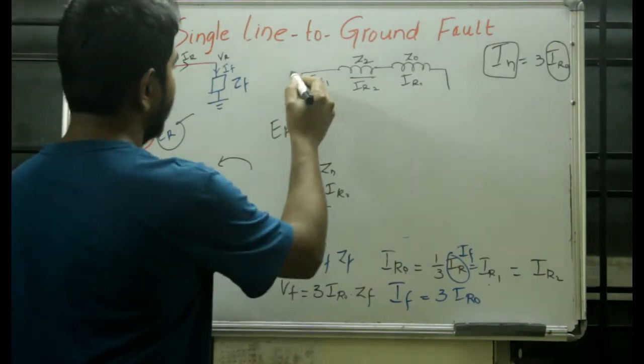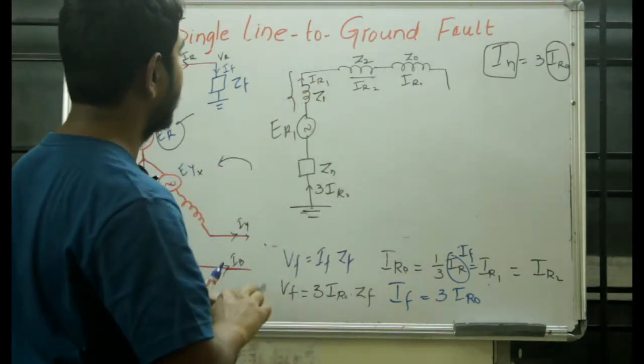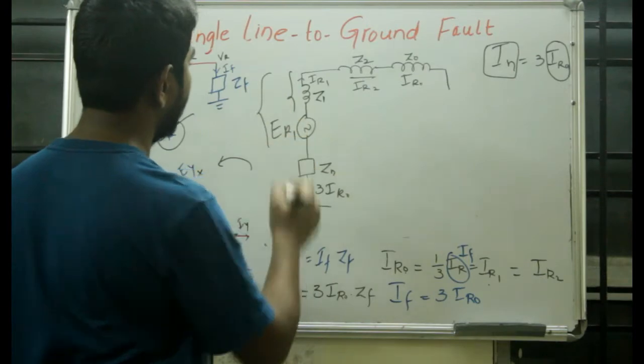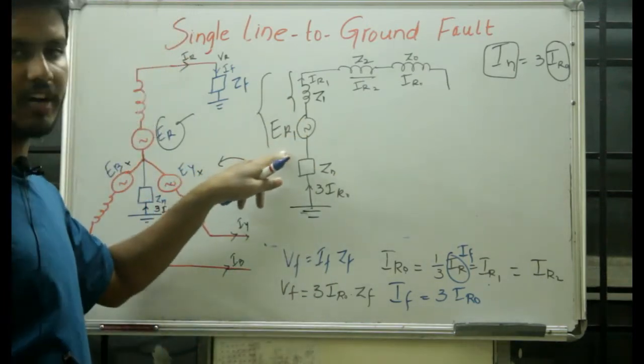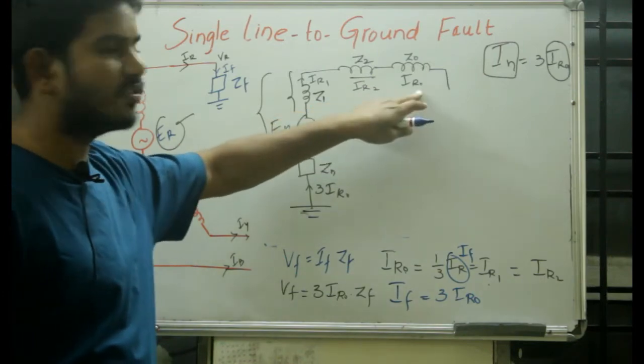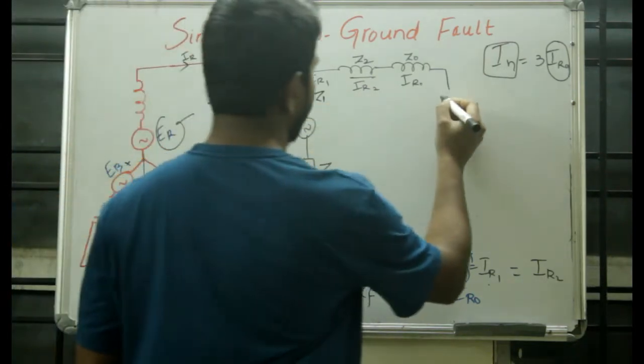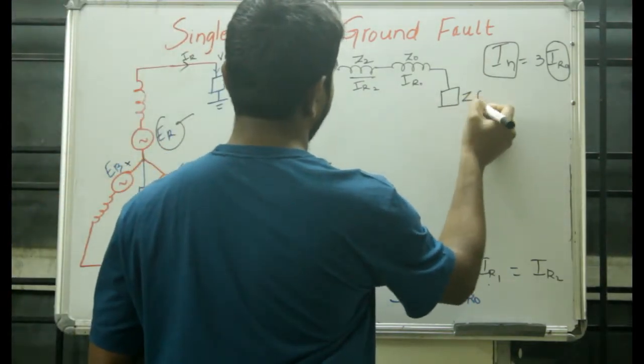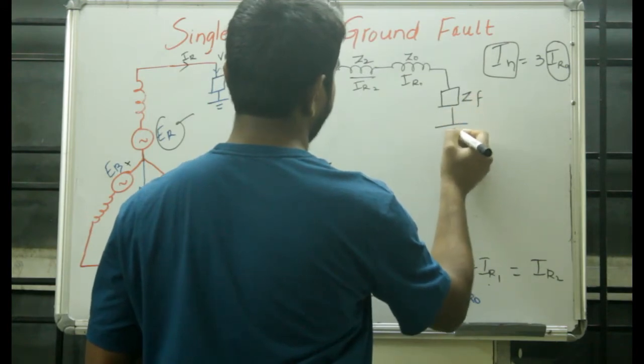So you can easily find the voltages here. So your VR1 will be equal to ER1 minus IR1 into Z1. This is VR2, this is VR0. Okay, and again we are having here the ZF, and this is grounded here, right?